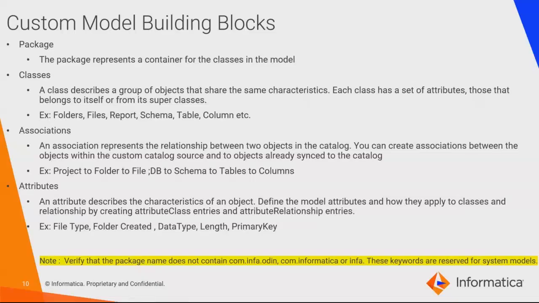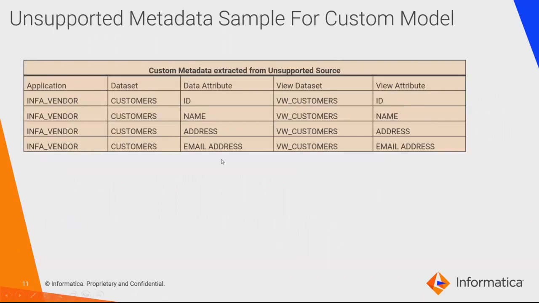To create any custom model, we need to first think about how we want to represent it in the catalog, arrange the hierarchies, and define the classes. Let's take a simple example: custom metadata for which I don't have a connector from Informatica to scan it. So this is my custom metadata extracted from an unsupported source.